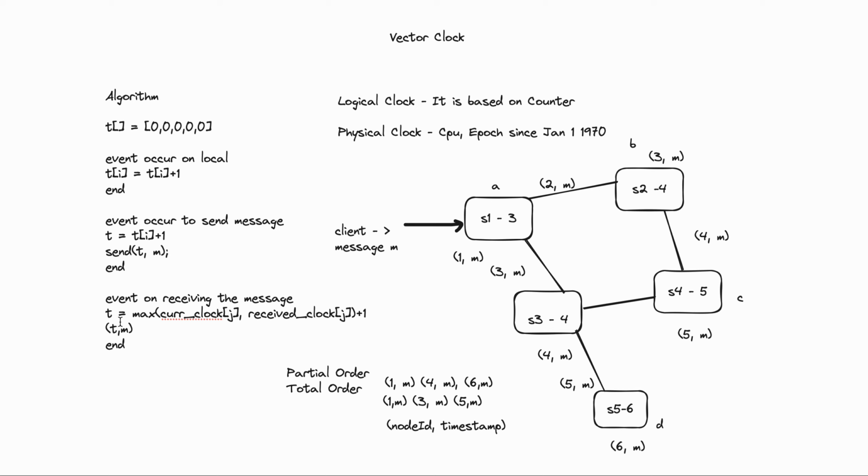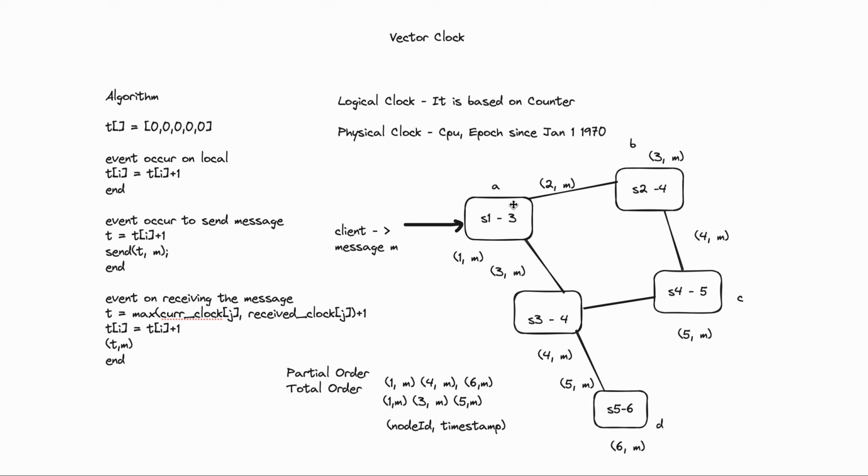And finally, we will also update one more thing here: T[i] equals T[i] plus 1, which means we are updating the local counter, and also the counter of the machine that sent the message. So we have a vector counter. We will receive and send messages across all those machines, and at the same time we update the counter as we did with the Lamport clock.